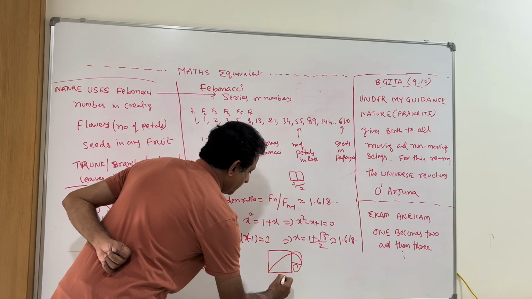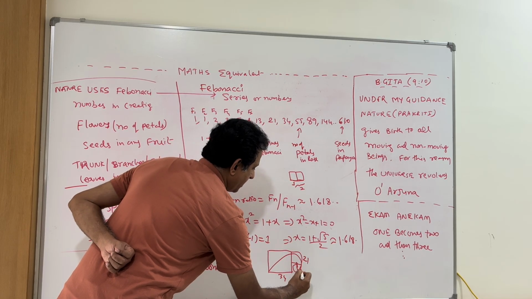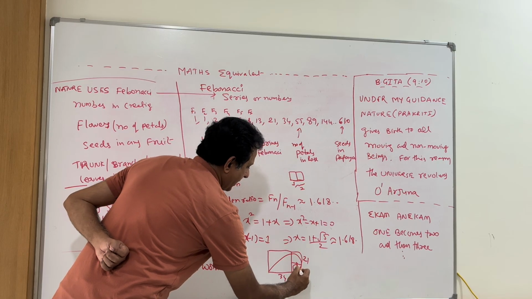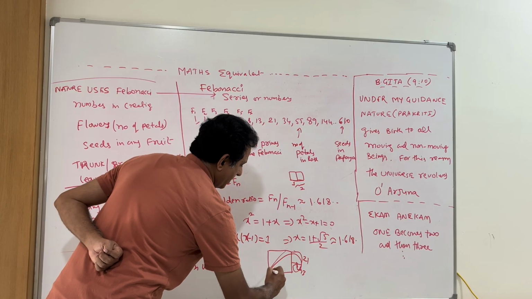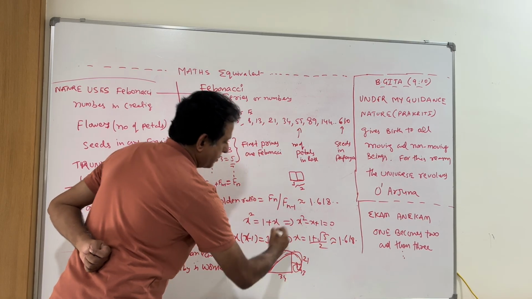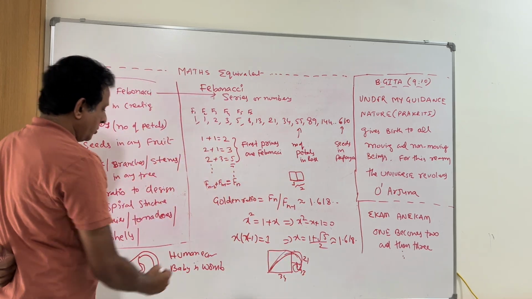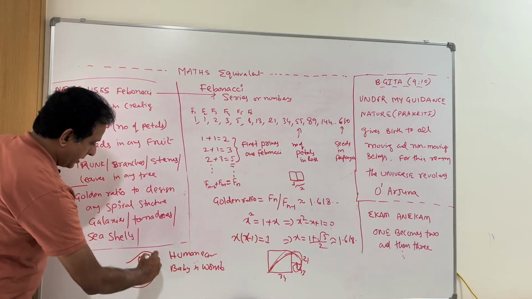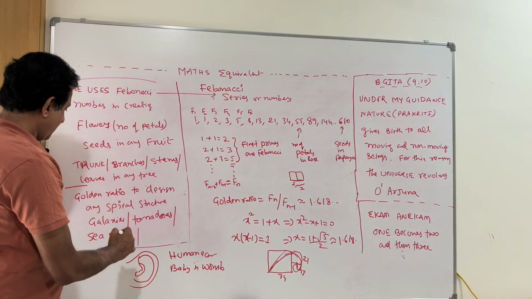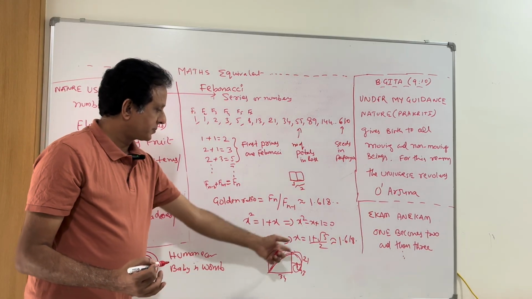Let us take this as 34, then this is 21, then there is a square here which is 13. When you connect these lines, this becomes a spiral structure. This spiral structure you can also see in the human ear or a baby in the womb. So it looks like nature uses the golden ratio for spiral structures.